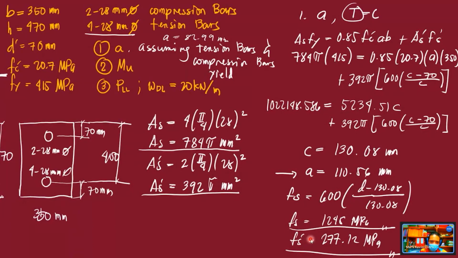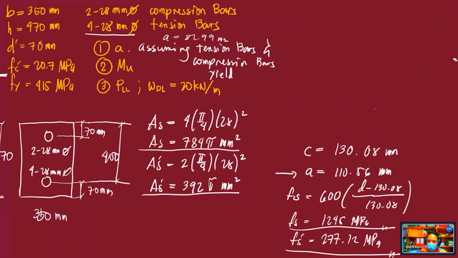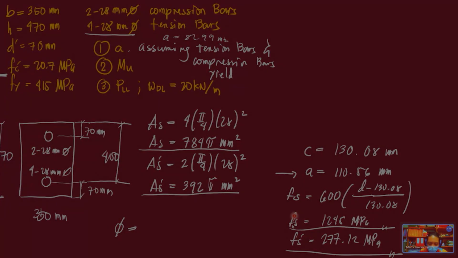So you have the value of your Fs and Fs prime. Now we can solve for mu. Step number 3. Before we solve for mu, we first need to solve the reduction factor. We have the value of Fs.